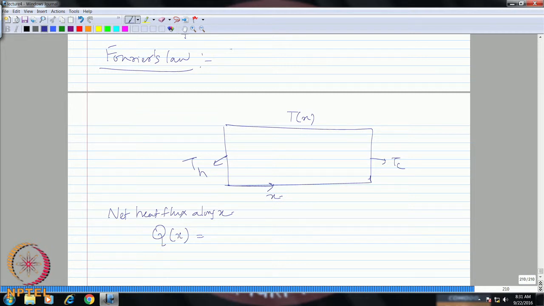So, we have to consider, for example, phonons. Let us assume that this has phonon gas, and therefore, the energy of each quantum state can be assumed to be h bar omega, and the non-equilibrium distribution function is denoted by f, right.